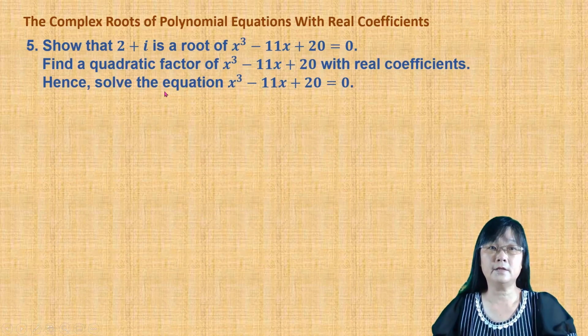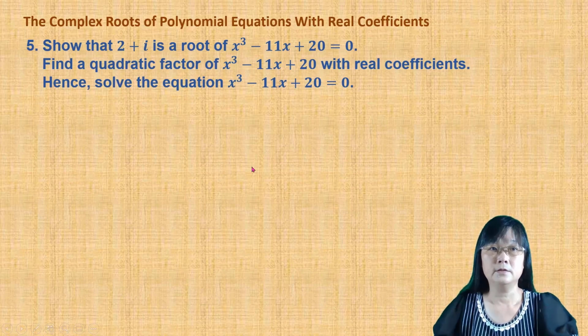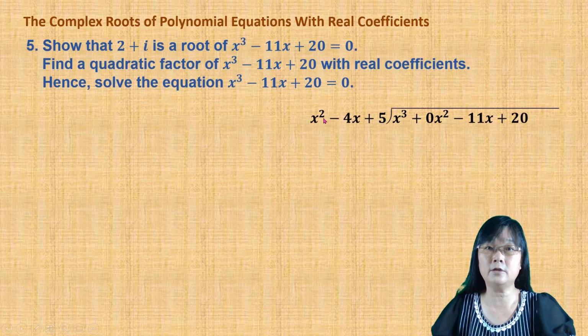Hence, solve the equation when the polynomial is equal to 0. First we need to factorize the polynomial. Since we know the quadratic factor of this polynomial is this one, we can use this quadratic factor as the divisor and carry out the long division.